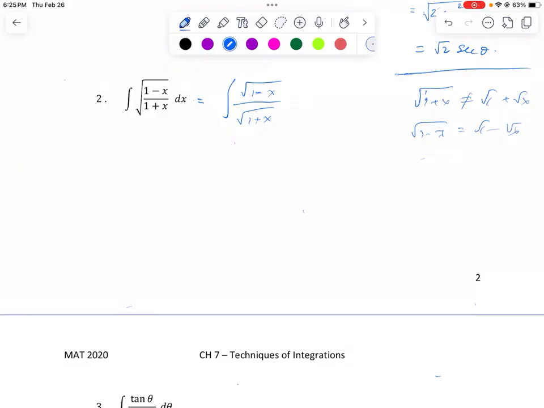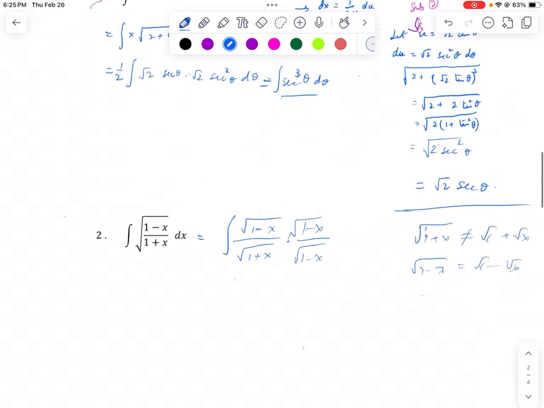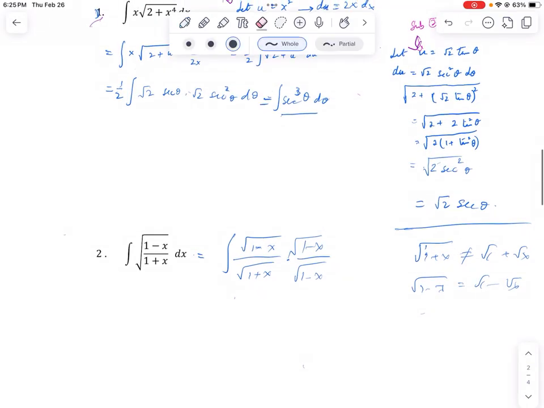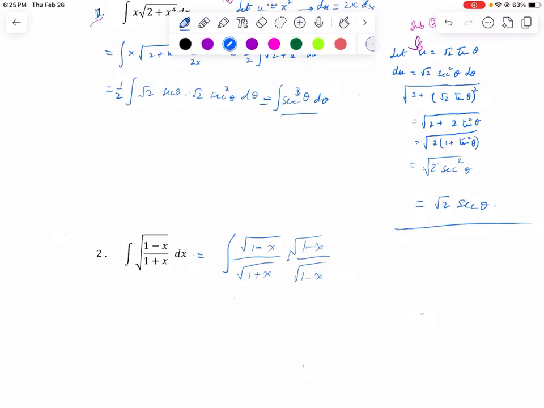So we will now multiply top and bottom by square root of 1 minus x, so that the numerator becomes 1 minus x, because square root of 1 minus x times square root of 1 minus x is 1 minus x.